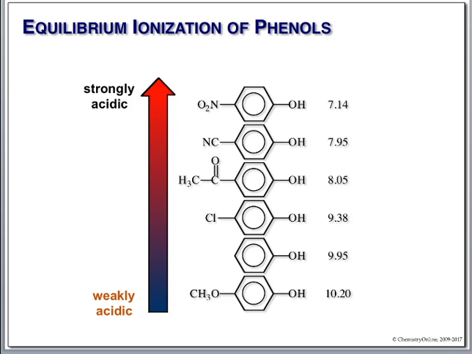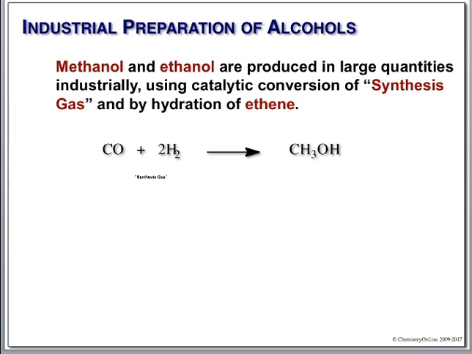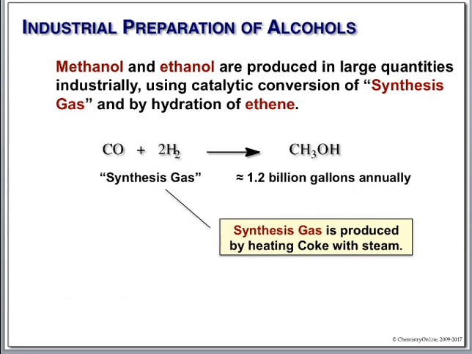Now, alcohols are very important in commerce, etc. You can make methanol at the rate of about 1.2 billion gallons by taking something called synthesis gas. Synthesis gas plus hydrogen will yield methanol simply.